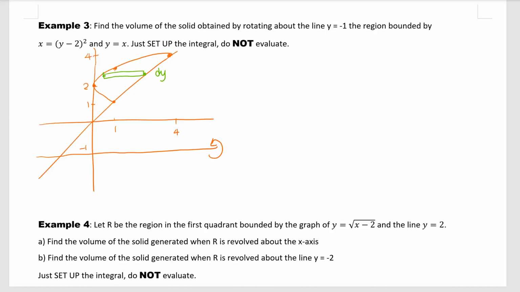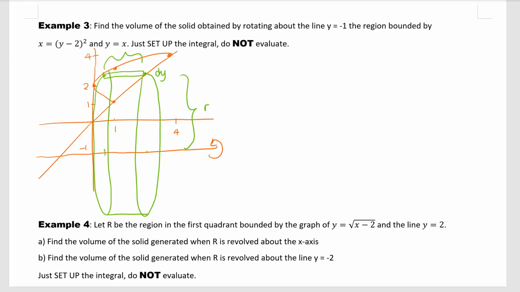What happens to the endpoints when we rotate about the axis? Well, this is going to be the center, and we get a circle. This is the center, we get another circle, and this is a cylinder. The cylinder has base radius r and height h.